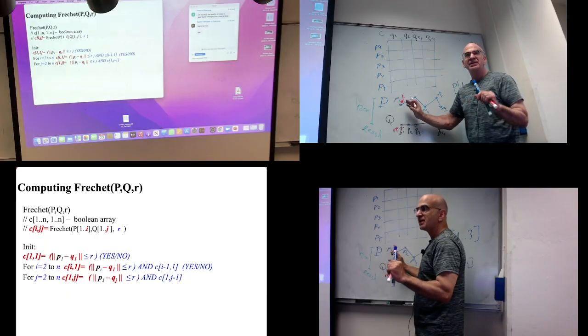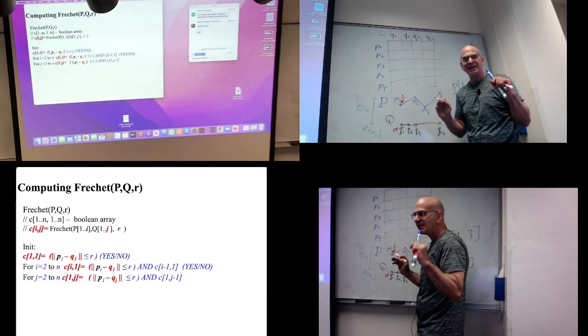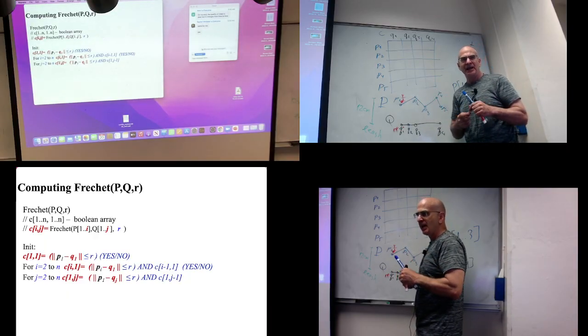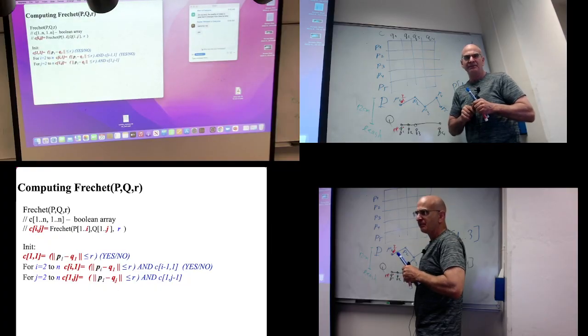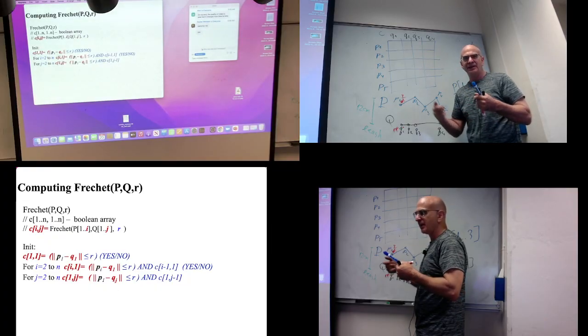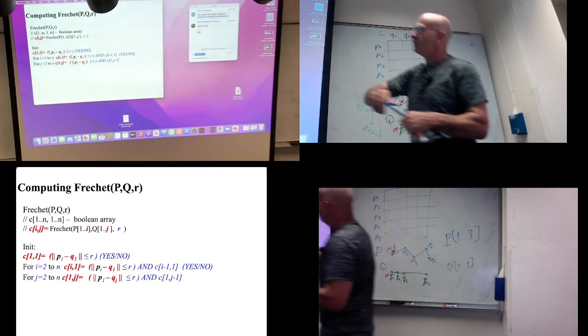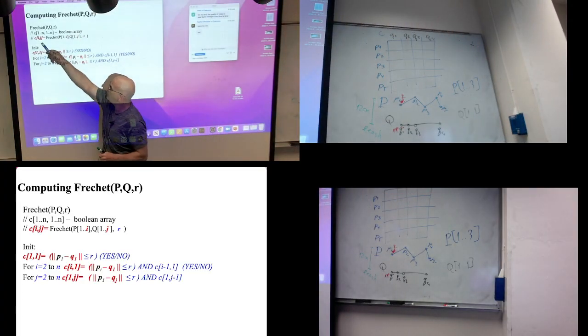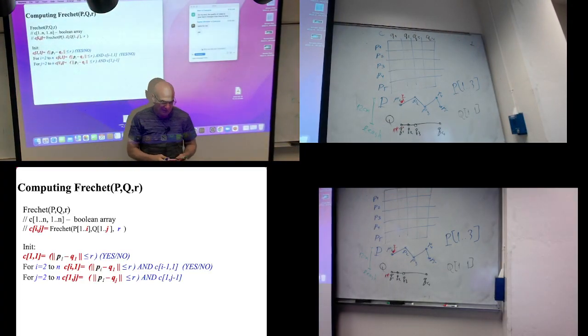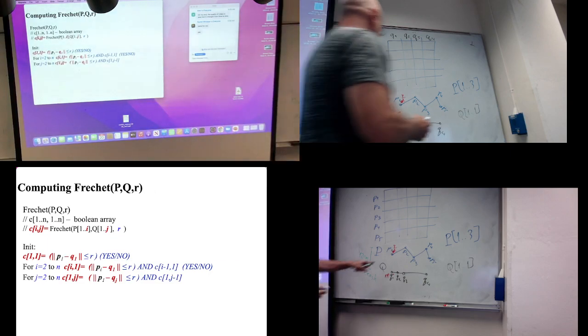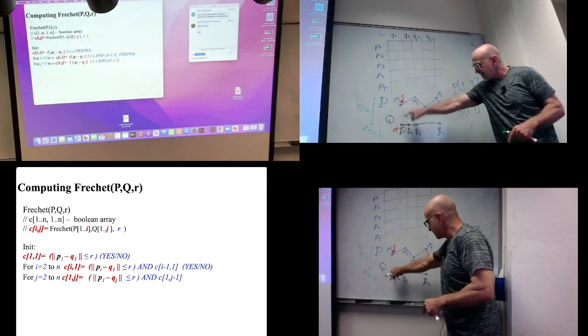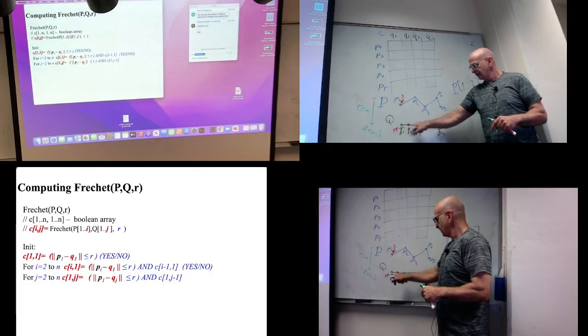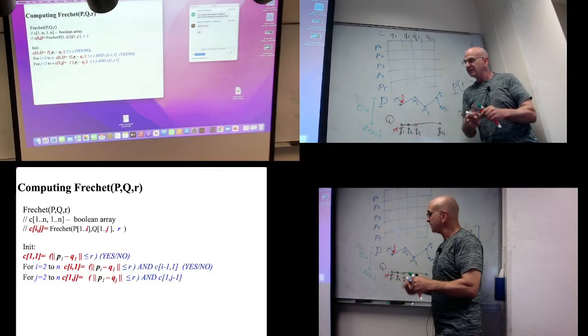That's fine for this trip, the trip at which they end at CI, they end at PI and QJ in this case. Since I asked for C11, I can do this trip when they're standing right here, because the distance between P1 and Q1 right here is less than 12 centimeters.